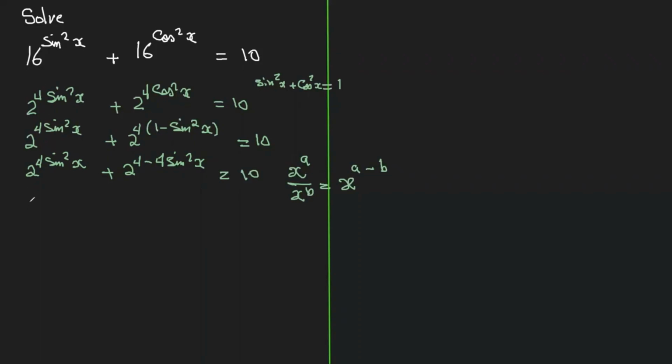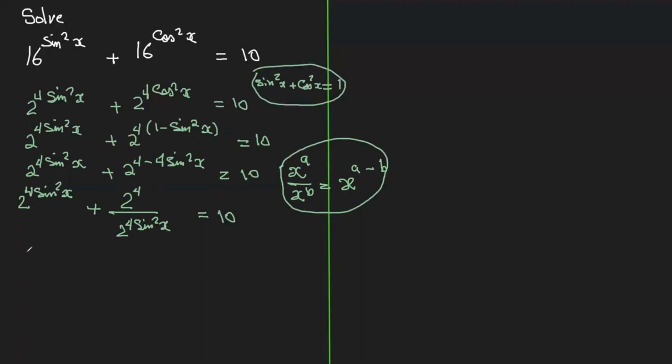And I'm going to have 2 to the power of 4 over 2 to the power of 4 sine squared x, plus 2 to the power of 4 sine squared x equals 10.